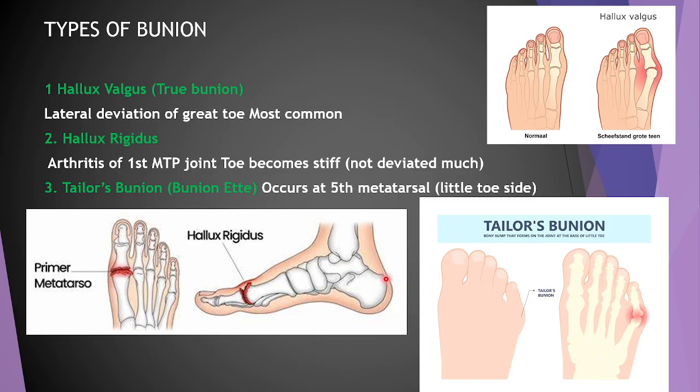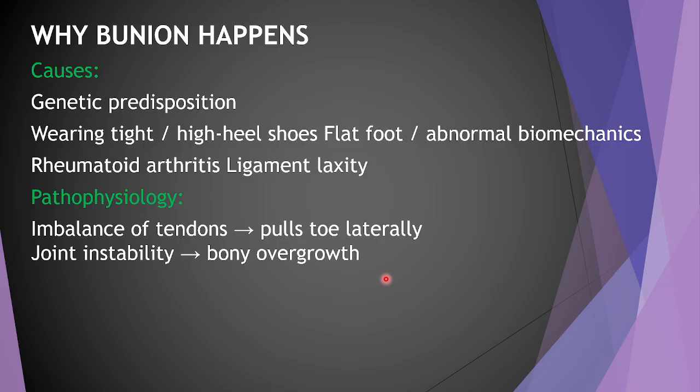Okay, next. So why does a bunion happen? As we previously said, a bunion happens due to tight-fitting shoes, genetic predisposition, and some arthritis. Also an imbalance of the tendons pulls the toe laterally, with joint instability and bony overgrowth.